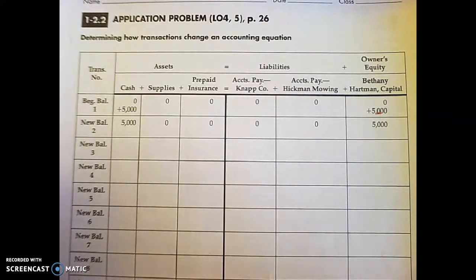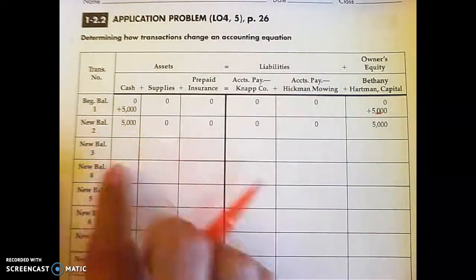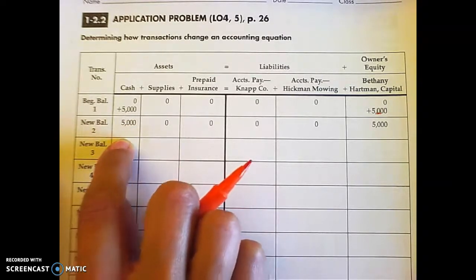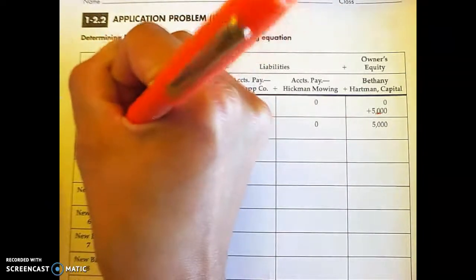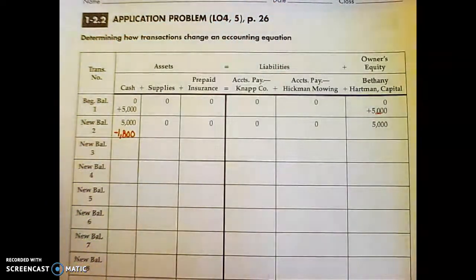The second transaction, we paid cash for insurance, $1,800. So we paid cash. Paying cash would be an asset. It's affecting our asset. It's affecting our account for cash. And since we paid cash, we need to subtract $1,800.